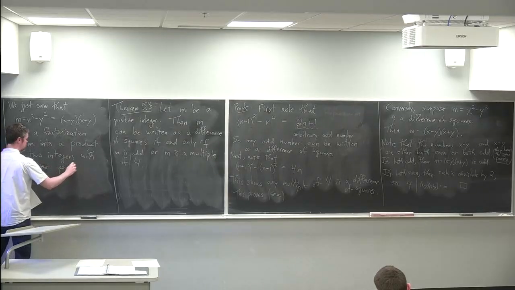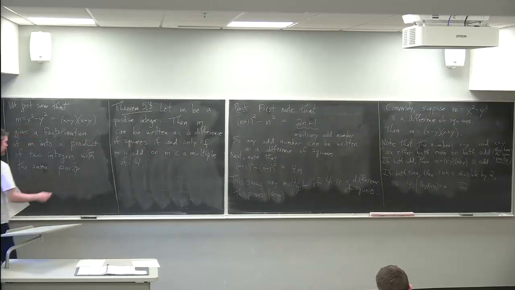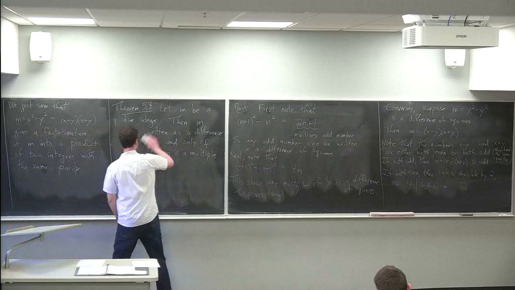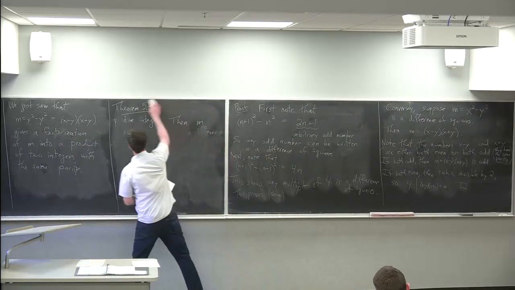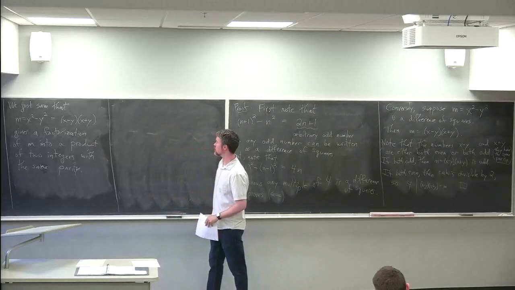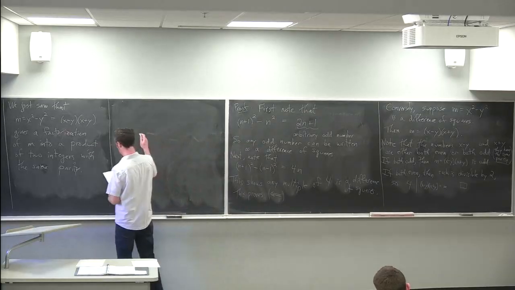That is, they're either both even or they're both odd. So now let's turn it around and say, well, conversely, what if we start the discussion with the factorization of m into a product of two integers with the same parity?